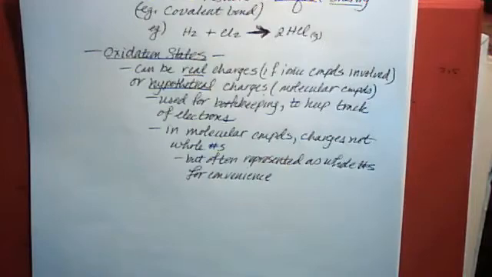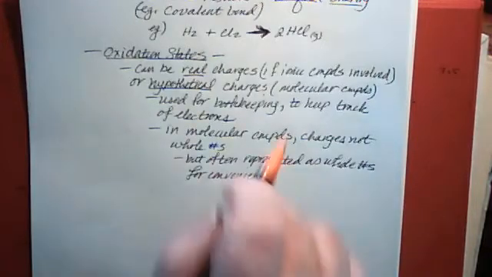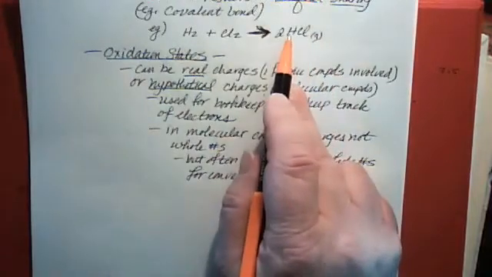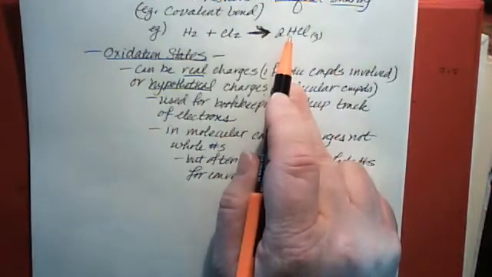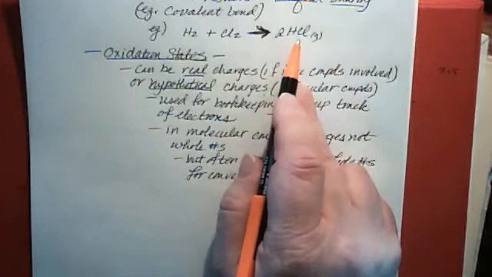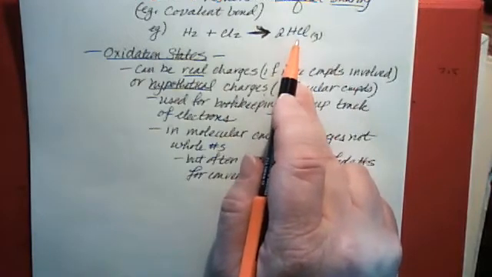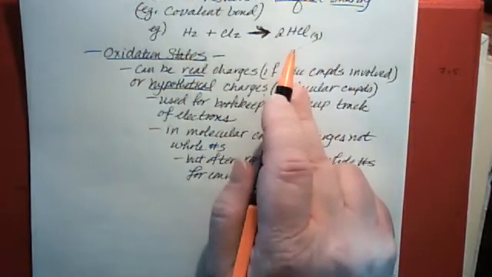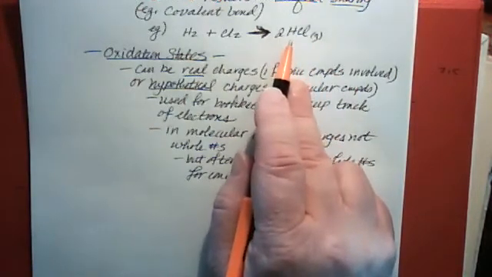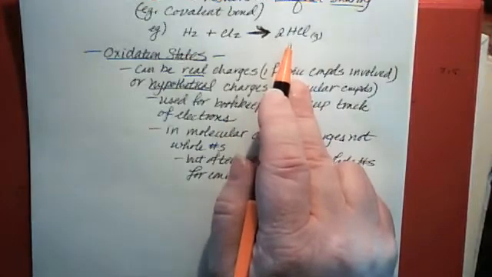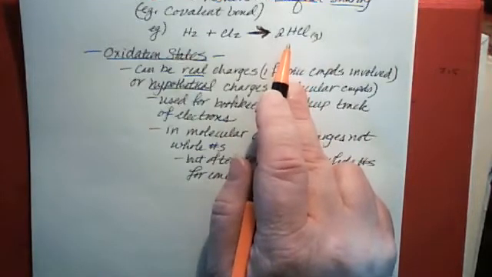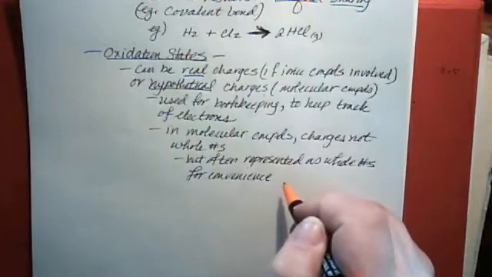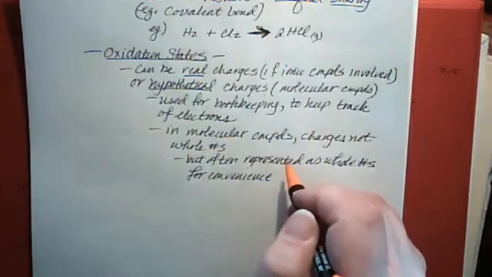So what are you going to write? We know that the charges in HCl, the charge on the hydrogen is not a full +1, and the charge on the chlorine is not a full -1, but we don't know what they actually are. And they might be different for different compounds, and so finding out what the charges really are and writing those numbers, that would be pretty difficult. So for convenience, we represent them as if they were whole numbers.